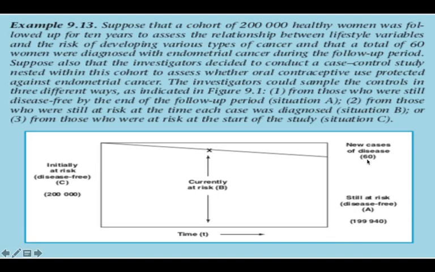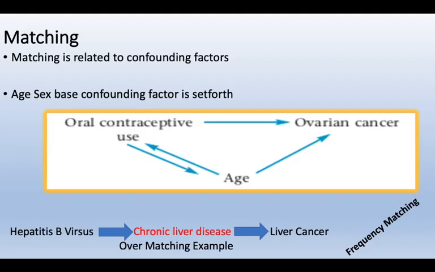The numerator remains the same, only the denominator changes. So 60 divided by 200,000 gives us the value. Similarly, for the still at risk individuals, if we divide 60 by 199,940, that's the odds we are going to get. This is how we attain incidence, prevalence, or risk ratios.